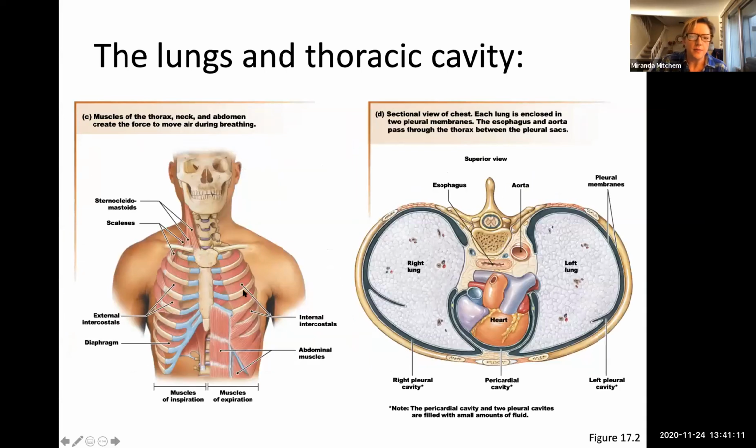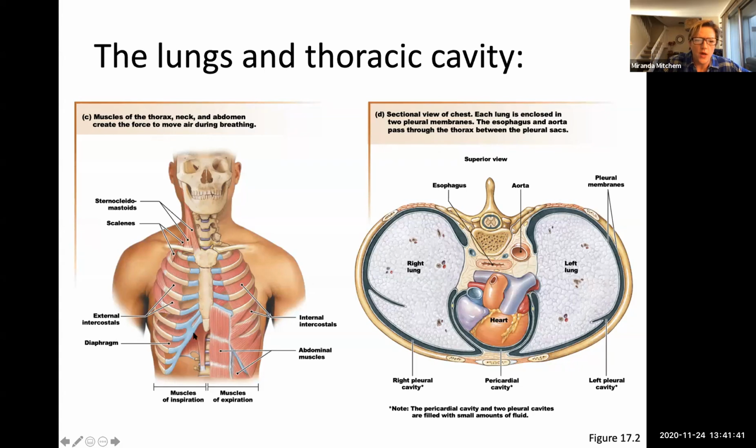All right, so let's focus on part C of this figure. On the left here, I want to just point out the relevant muscles. Again, you've heard me say that this is anatomy, but in order to understand how our thoracic cavity works and how the anatomy supports the act of breathing, we really need to look at the orientation of these different muscle groups.